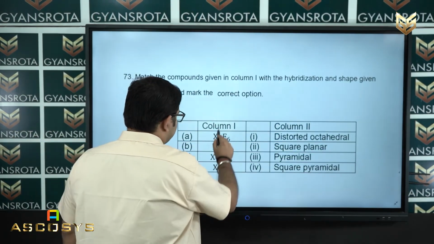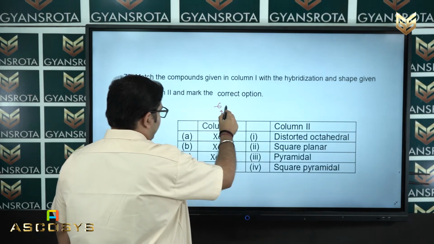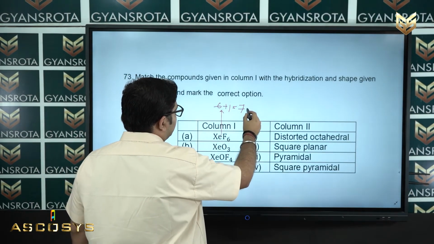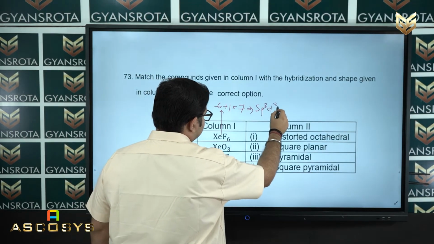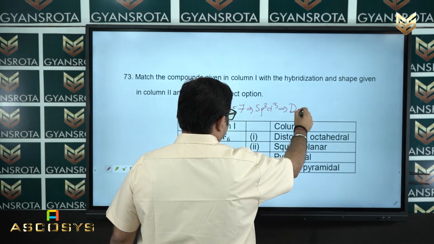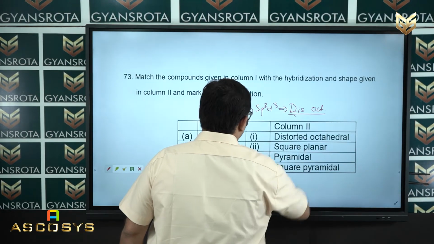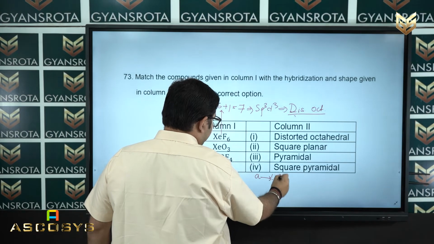So if you see XeF6, here the bonded atoms are 6 and 1 lone pair is available. So this becomes 7, and if it is 7, the hybridization is sp3d3, right? So this is nothing but a distorted octahedral with 1 lone pair. So your option A is matched with option 1.